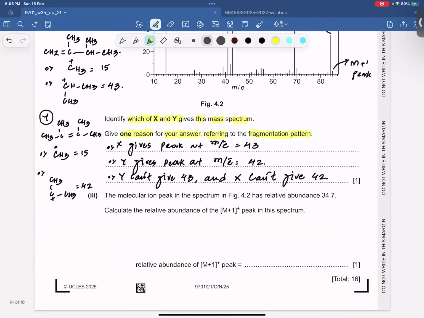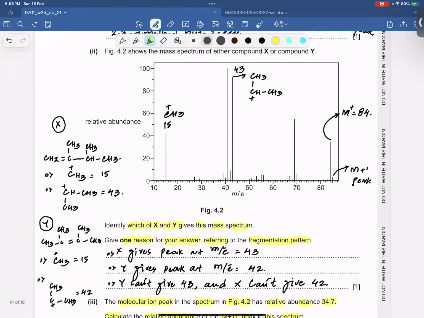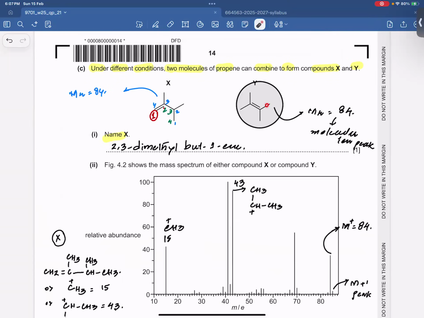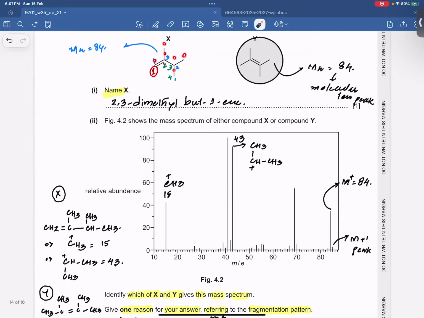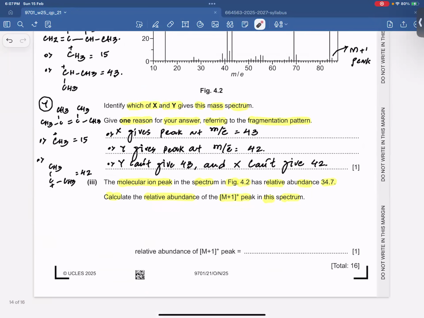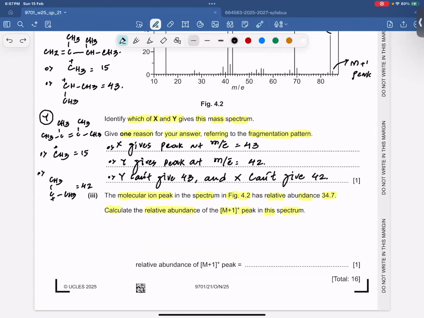The molecular ion peak in the spectrum in figure 4.2, relative abundance is 34.7. Calculate the relative abundance of M plus 1 peak in this spectrum. So total number of carbon atoms here is 1, 2, 3, 4, 5, 6. So total number of carbon atoms in both the compounds is 6. So basically n equals 100 over 1.1 times abundance of M plus 1 peak over abundance of molecular ion peak.